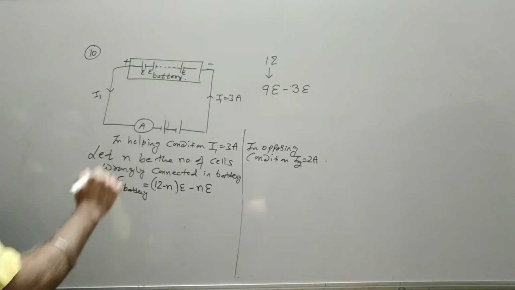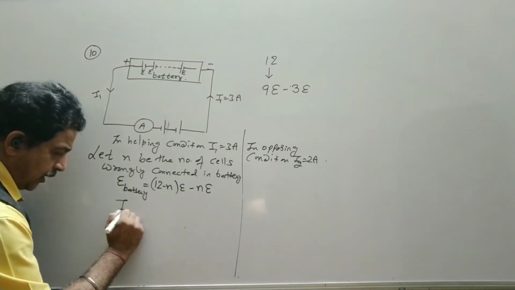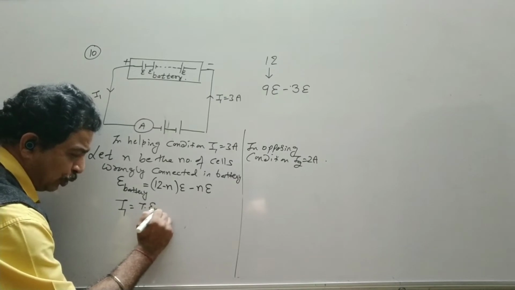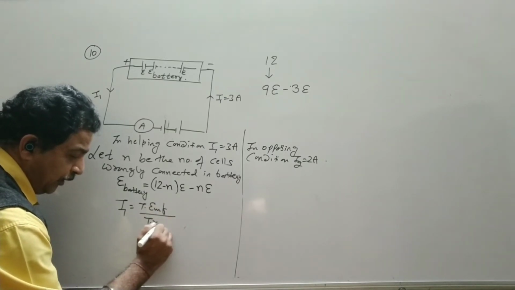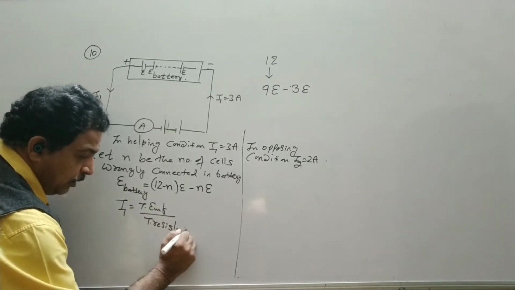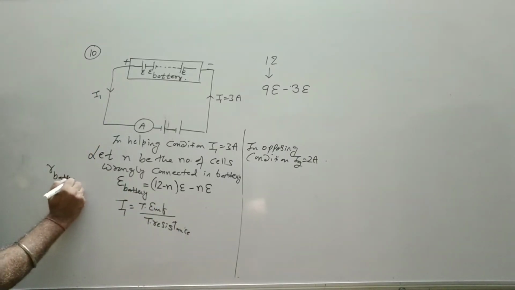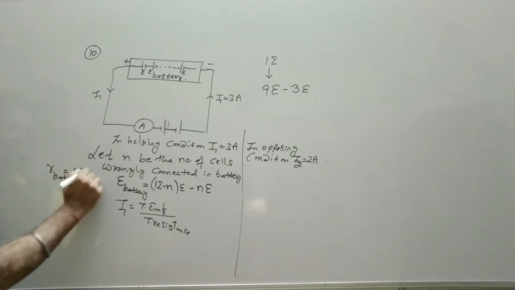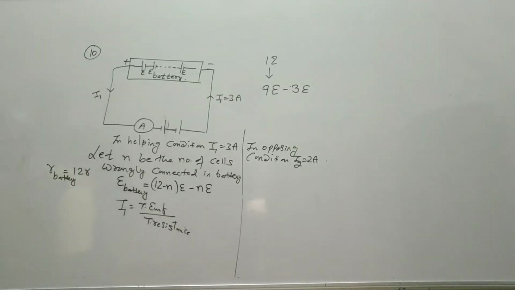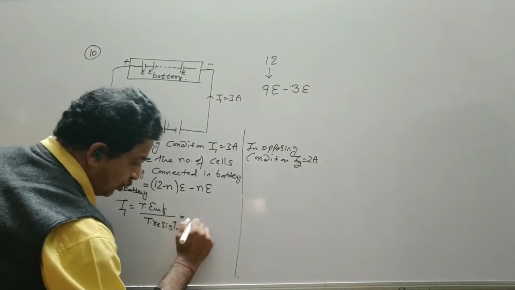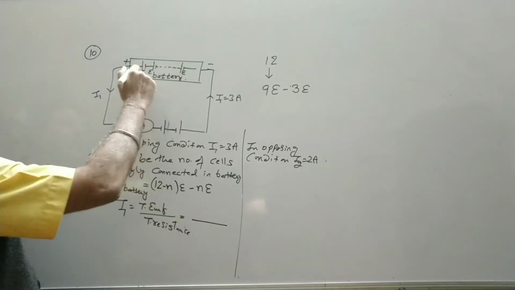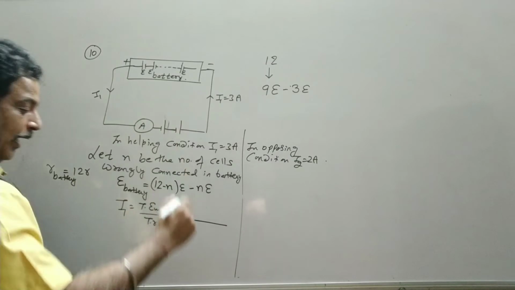Now we find out the total current in the circuit. I1 is equal to total EMF upon total resistance. Now resistance of a battery: resistance is always added. So it becomes 12R because we have 12 cells. Each cell has internal resistance R. So 12R for this. These 2 are helping.